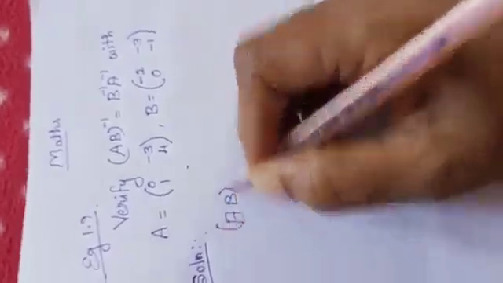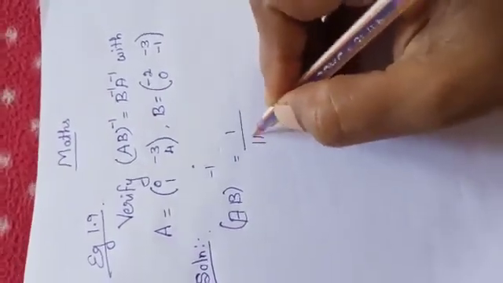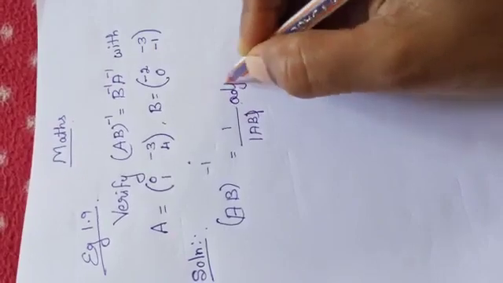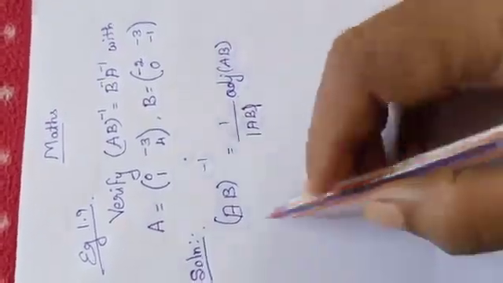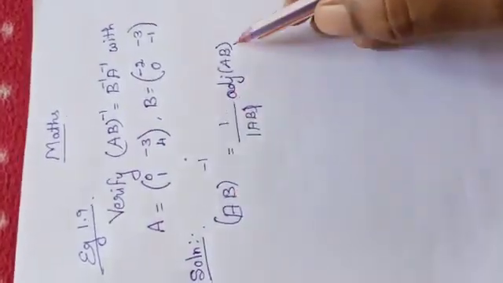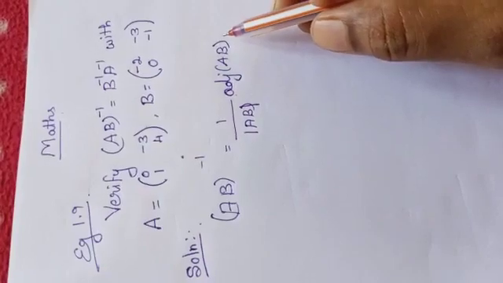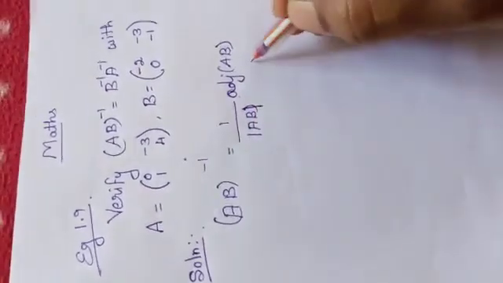(AB) inverse is equal to 1 by determinant AB into adj AB, right? So, A inverse means 1 by determinant A into adj A; since it is AB, 1 by determinant AB into adj AB. So, for all these things, we first need A into B.